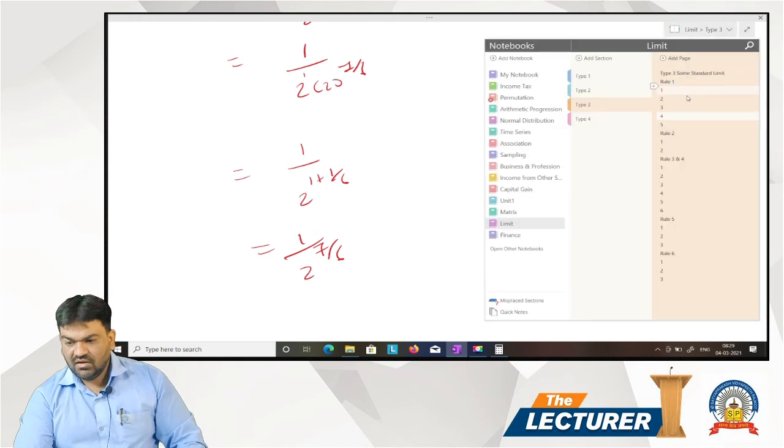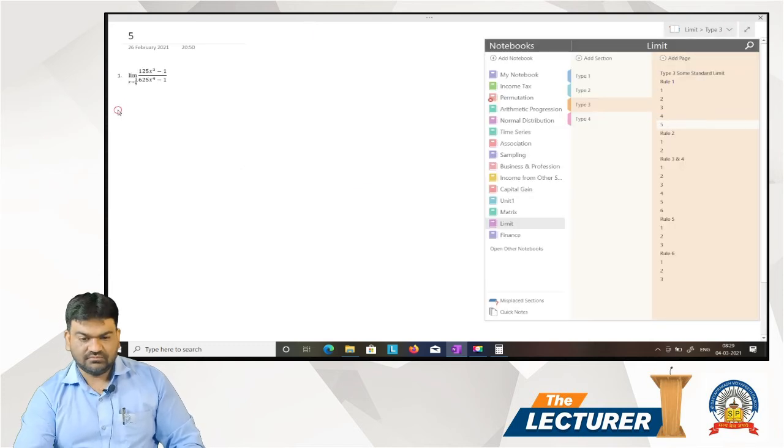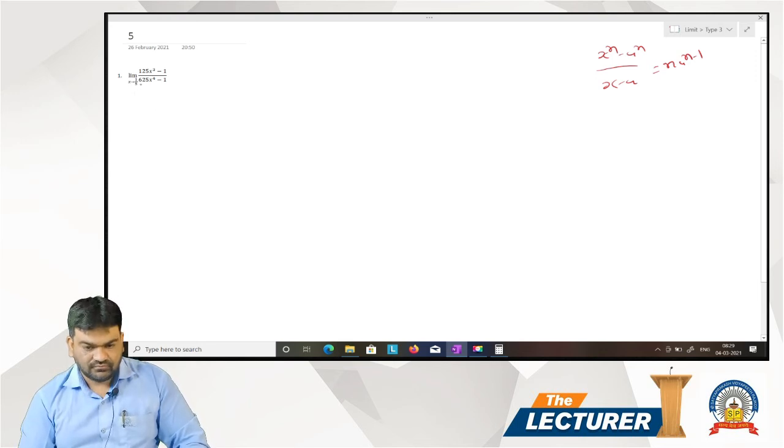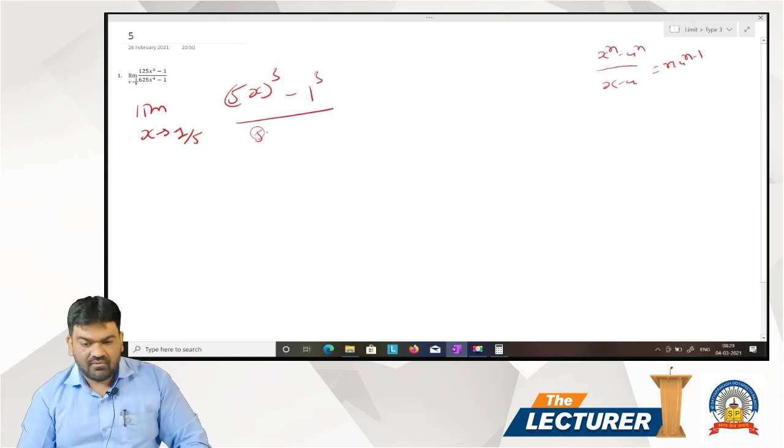Next, the last of this rule. Limit x tends to 1 by 5, 5x raised to 3 minus 1 raised to 3 divided by 5x raised to 4 minus 1 raised to 4, multiplied by 5x minus 1 upon 5x minus 1.